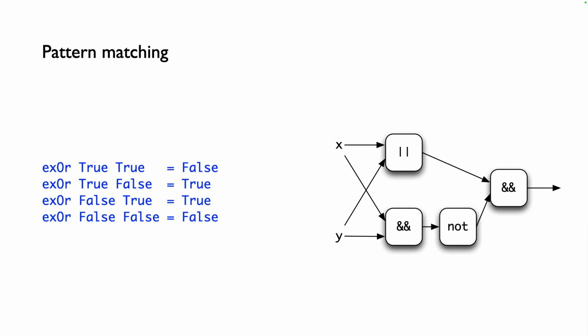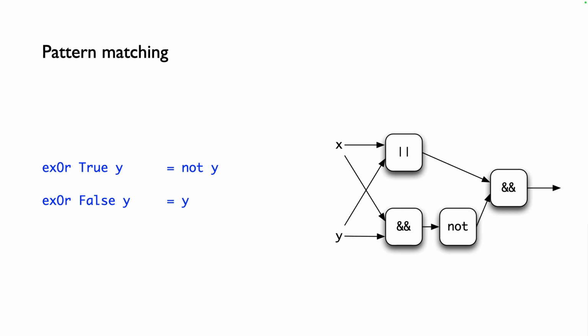So you can condense those 2 into a single line saying if the first argument is true, the result is not the second argument. And if you look at the other case where the first argument is false, you see the result is the argument y itself. So here you see an example of pattern matching where you mix a constant pattern for the first argument and a variable for the second.